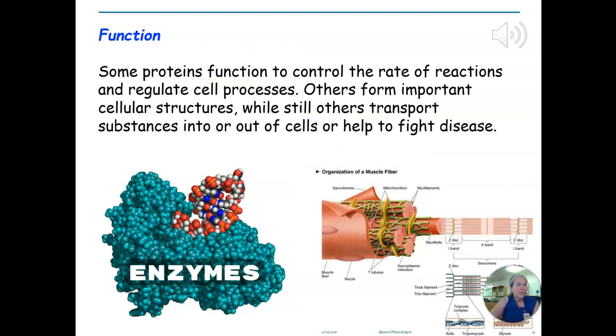And so some functions of proteins besides being part of your muscles is that they're enzymes, and you'll learn that later on. But that's a different function than what we think of when we think about why we need proteins in our diet. We usually think that it helps us build up our muscles, but they serve other functions than just that. And enzymes is one of those.